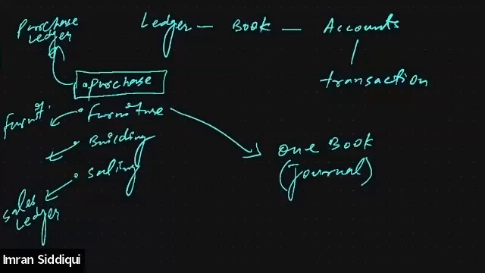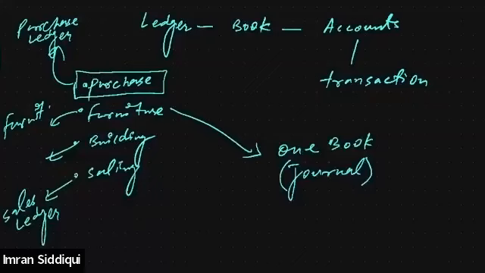Journal is a book of original entry. It is also called primary book, wherein we record all the transactions at one single place, irrespective of whether it is related to sale of goods, purchase of goods, debtor, creditor, furniture, building, anything. Everything is recorded at one single place, which is called journal.